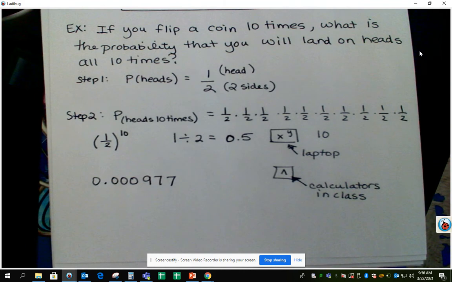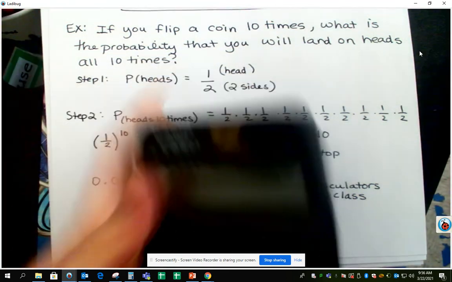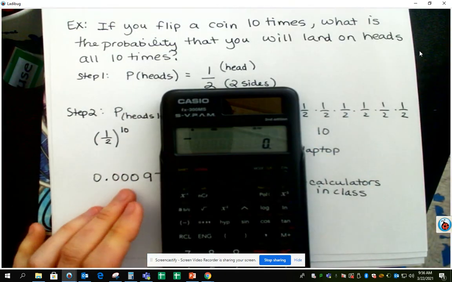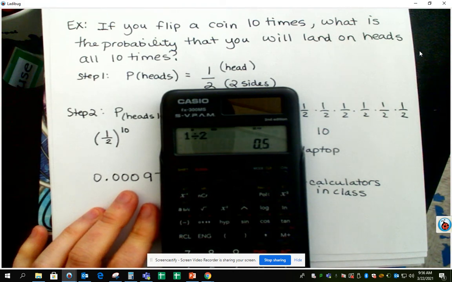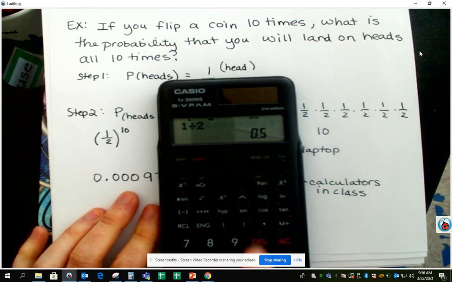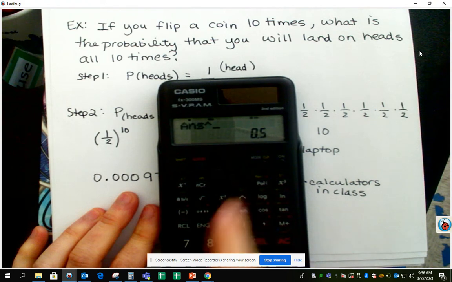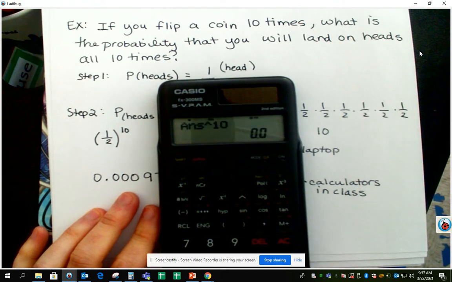On your calculator, if you use the one from school, let's do it both ways. If I did this on the one from school, I do 1 divided by 2 to get 0.5. And then I'd use this caret button here, 10, enter. Oops, what happened?